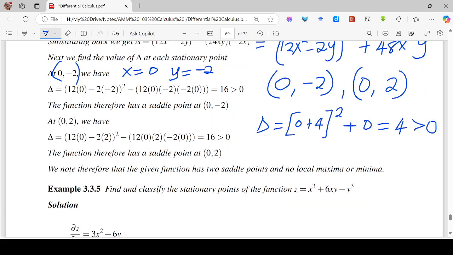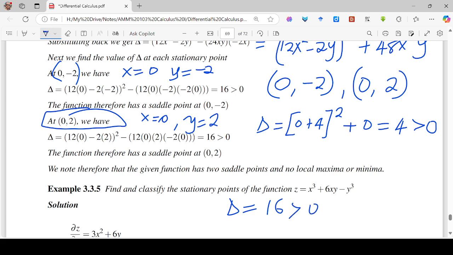Then we can go to the next point. The point is (0, 2). Here, x is 0 again, and y is 2. If we substitute again, we get 12 times 0 minus 2 times 2. Then the second term again is 0. So this is minus 4, but when we square, we get delta is equal to 16, which is positive again.